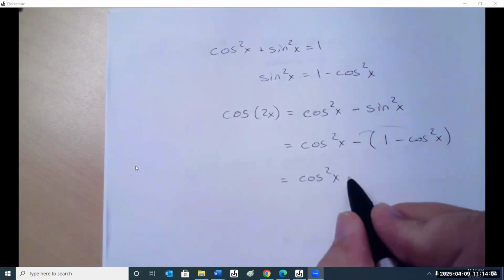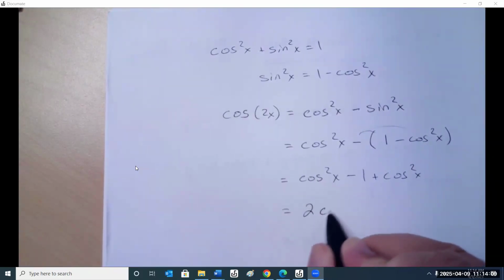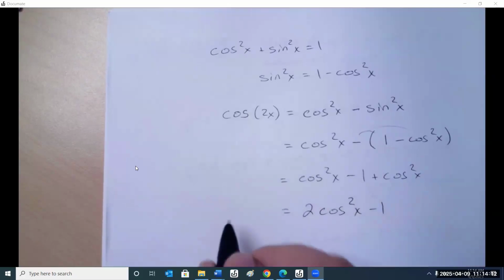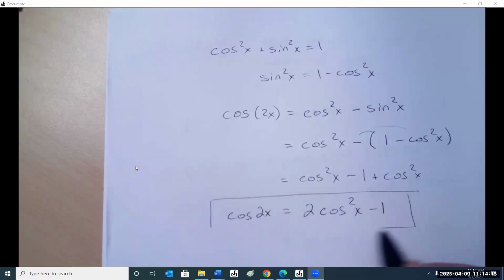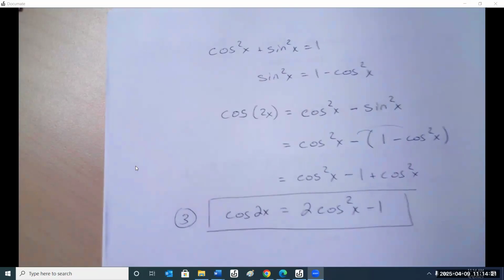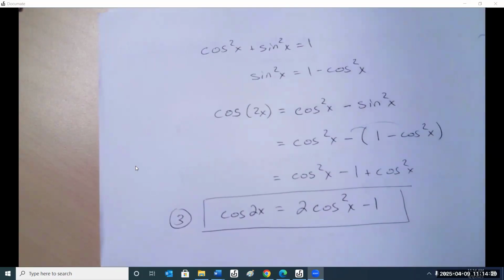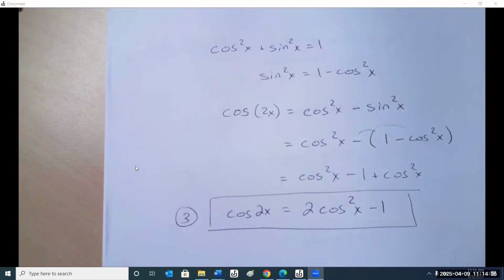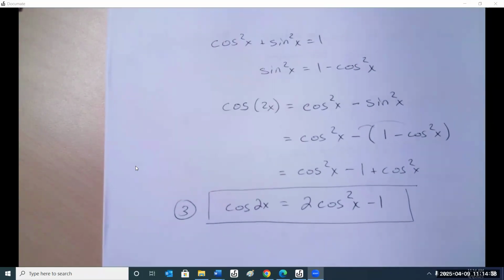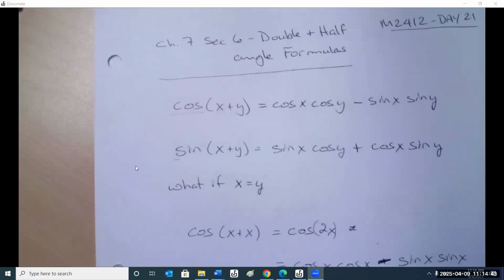And distribute that, I get negative 1 plus cosine squared x, so I get 2 cosine squared x minus 1. This is our third equation that we can use. So these are just transformations, just taking what we have already and rearranging it. So those are the ones with cosine.